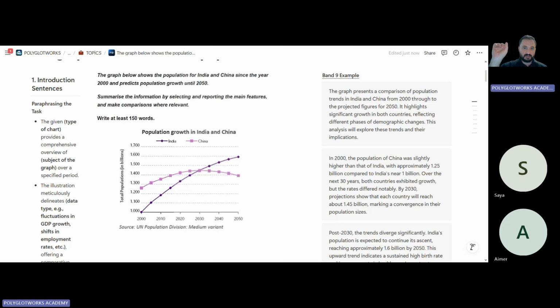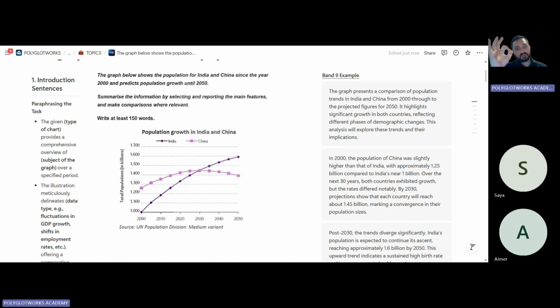by 2025. On the other hand, now I'm coming to another country. India experienced a more rapid pace. It means a more rapid and consistent, stable, static, consistent population growth.